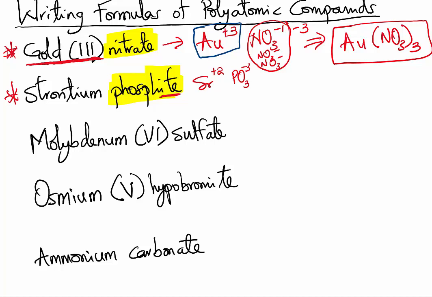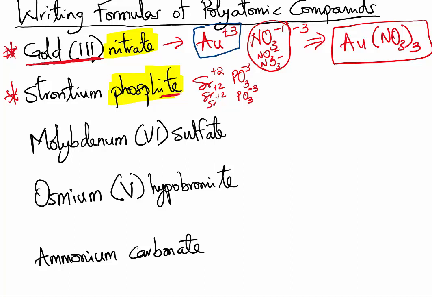We need to balance out the positive and the negative charges. So, we would need 2 more strontium and we will need 1 more phosphite.